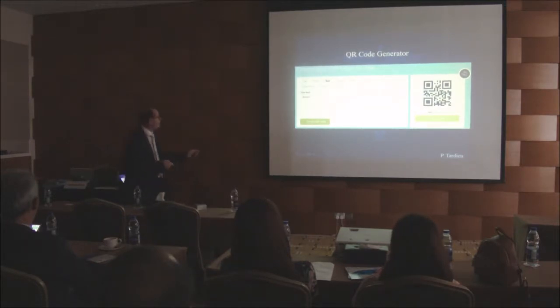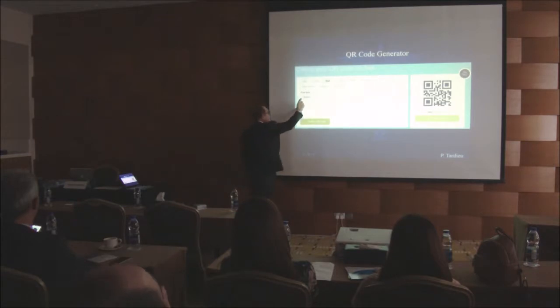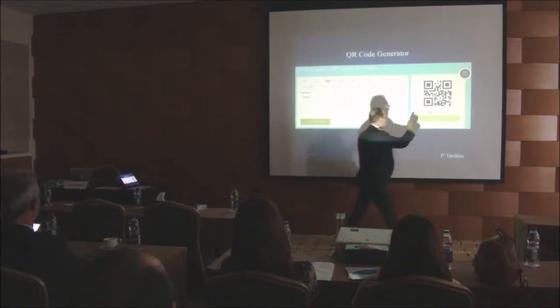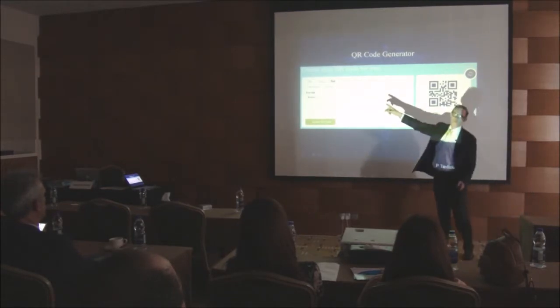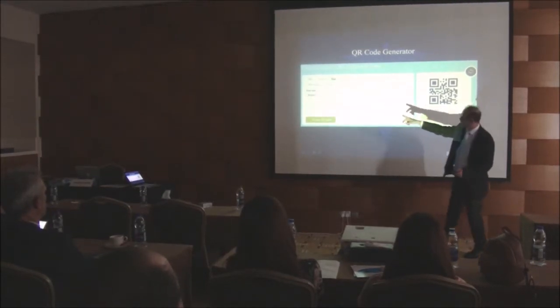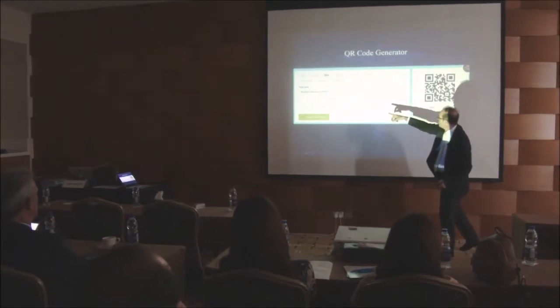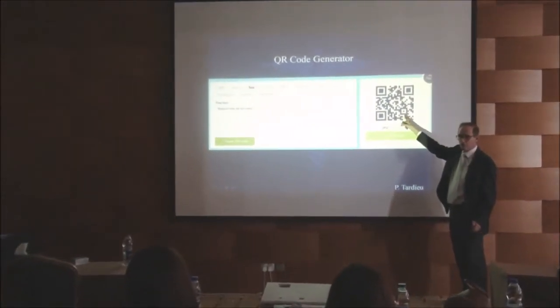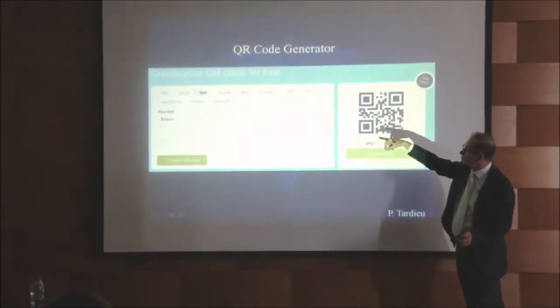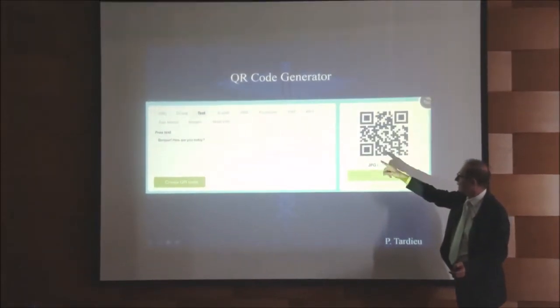So what is a QR code? I write here bonjour. When I write bonjour, this means bonjour. When I scan that, it will write me bonjour. If I say, bonjour, how are you today? It will be changed like this. This means, bonjour, how are you today? I go back, bonjour, and then bonjour, how are you today?